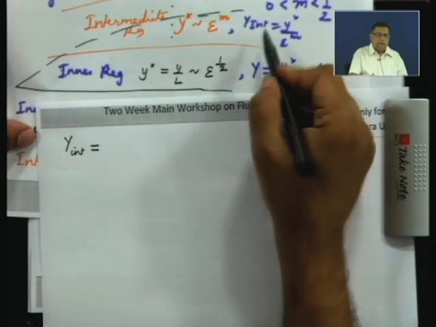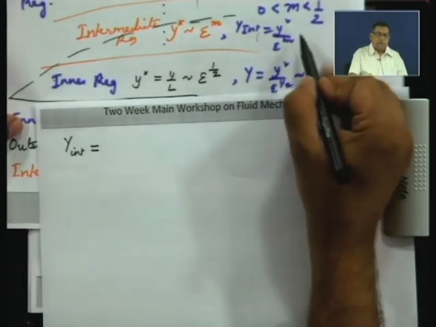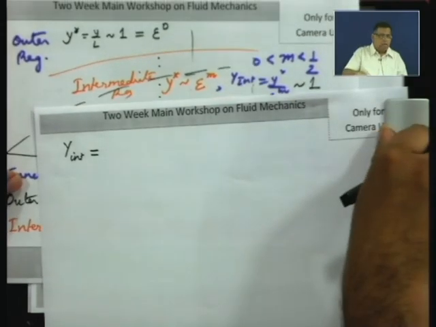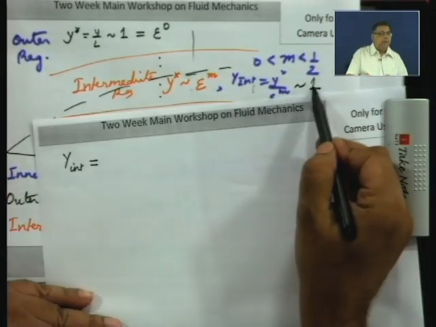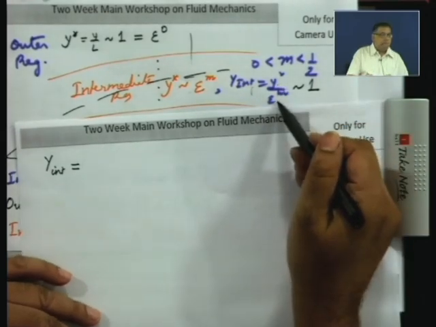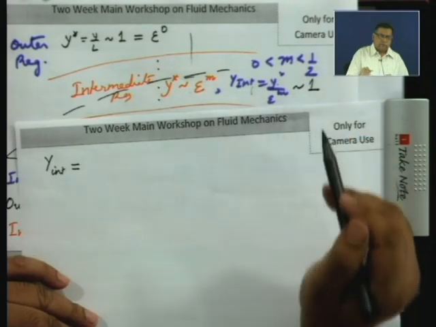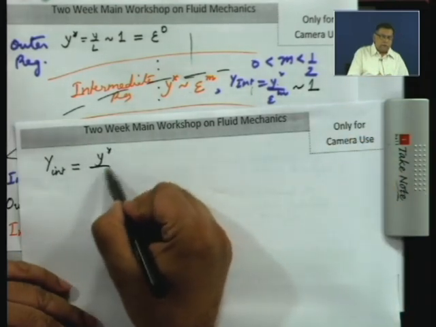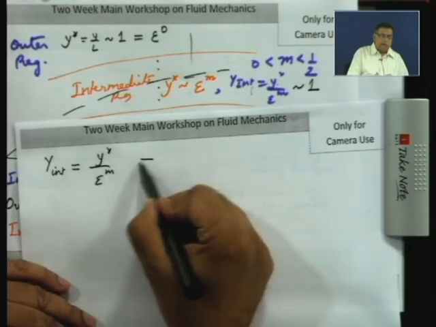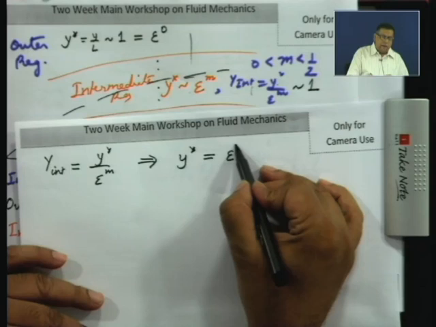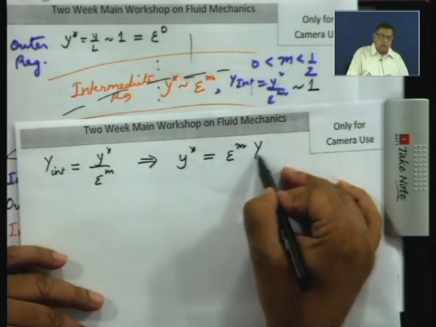See, here we have defined y intermediate as order 1 in the intermediate region, and that is defined as y star by epsilon to the power m, which means that y star can be expressed as epsilon to the power m into y intermediate.